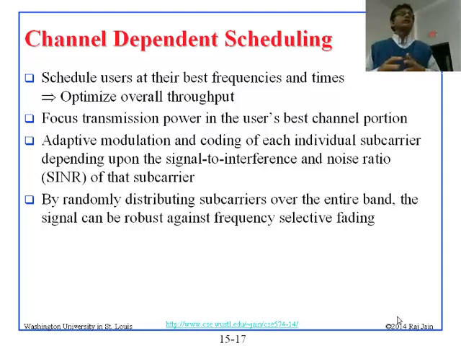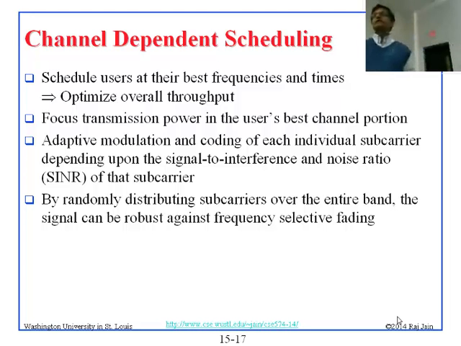So one thing that they do is channel dependent scheduling. What that means is schedule users at their best frequencies and times and optimize overall throughput. I think I explained this last time. You ask each user, what is the best signal you're getting? And he says, I'm getting the best signal at the top, these subcarriers. So we say, okay, you get those subcarriers.